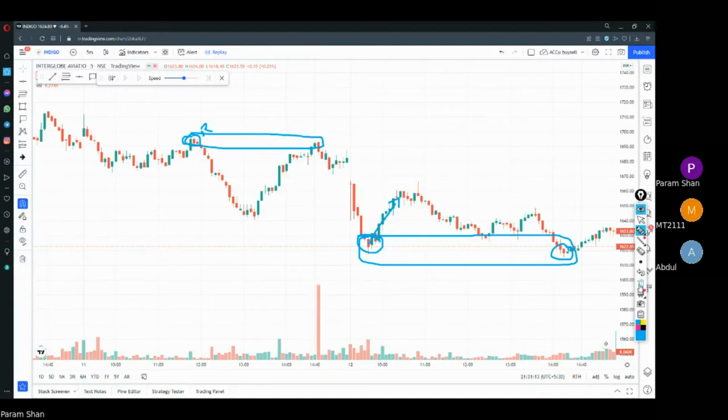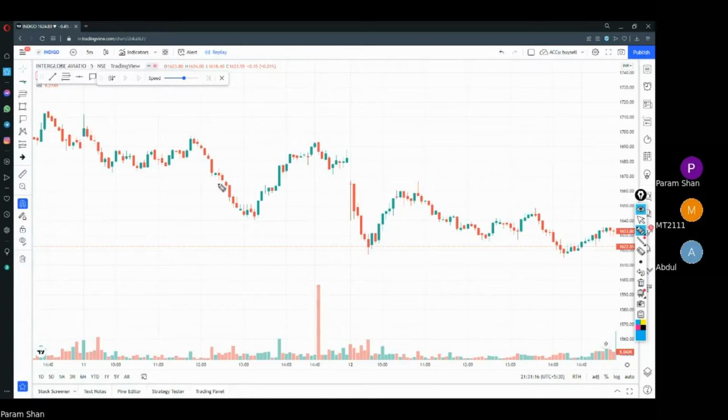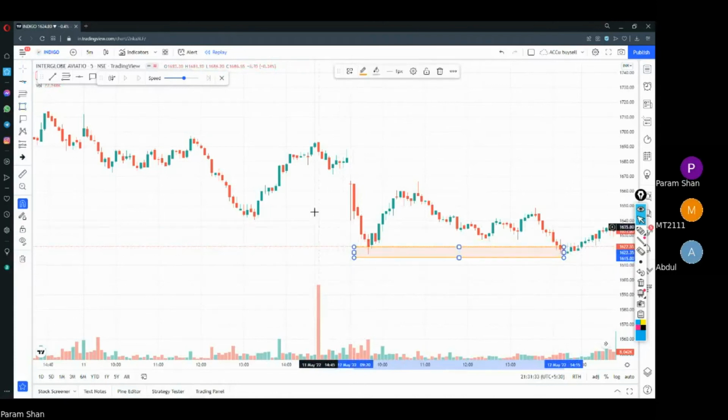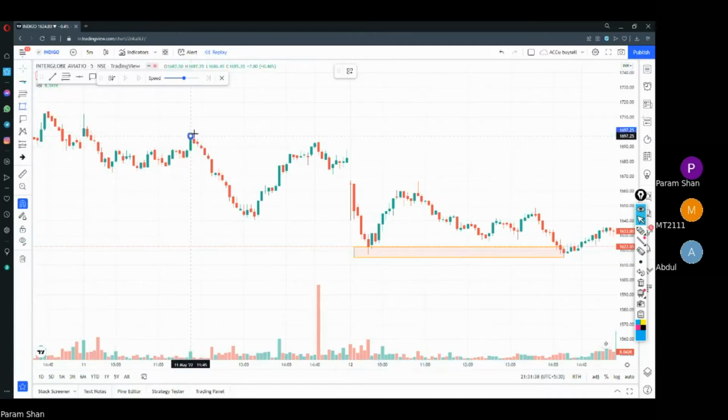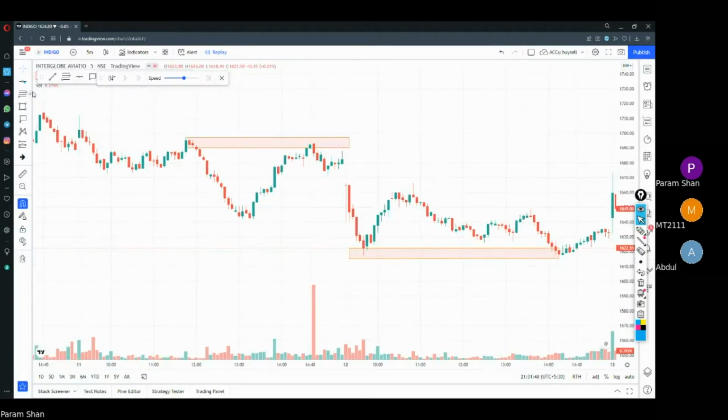So now we will try to mark this area and see, or maybe I can use a box also. Okay, and similarly we can draw one here. Okay, so now let us try to understand. I'll put one horizontal line as well.